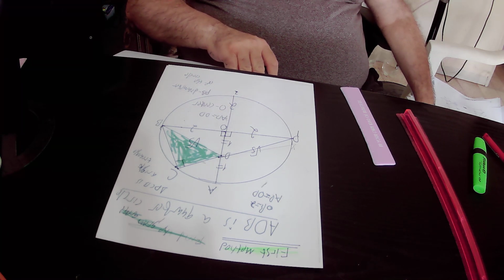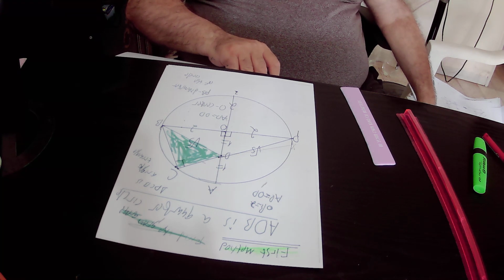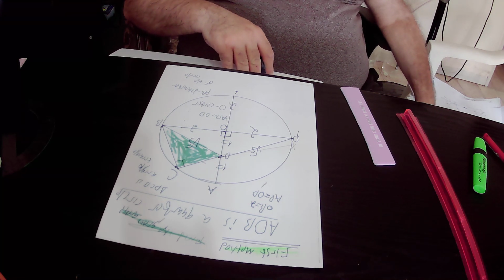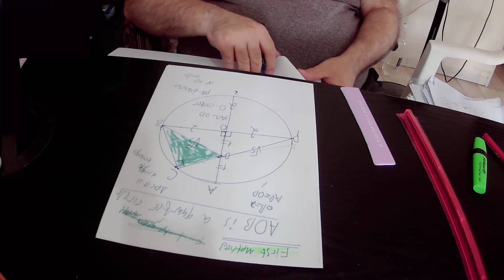Rule number 1 talks about two chords that intersect with each other inside the circle.